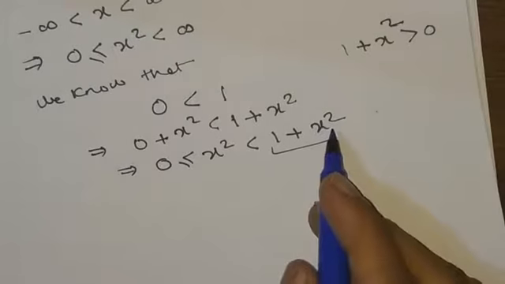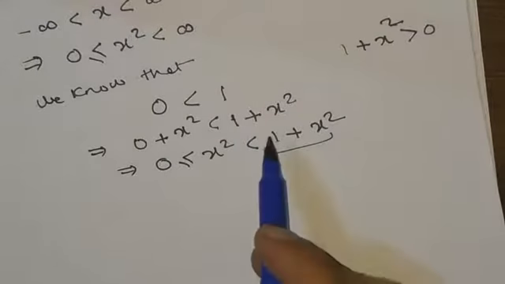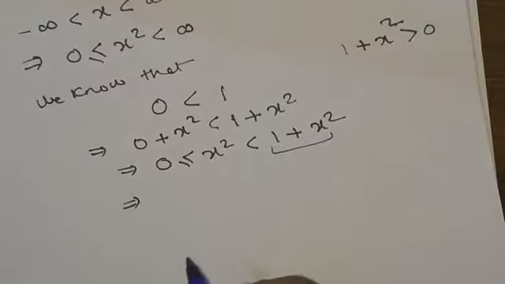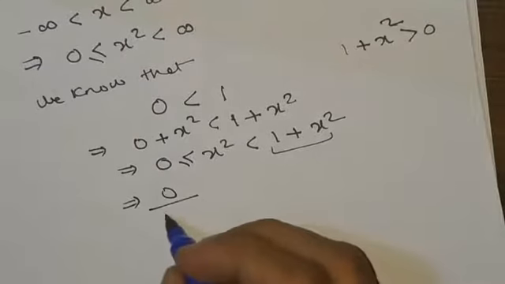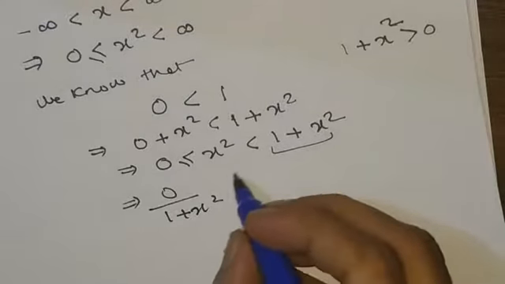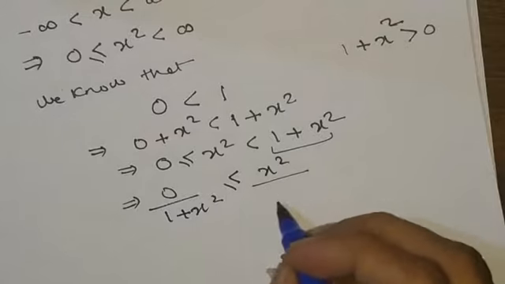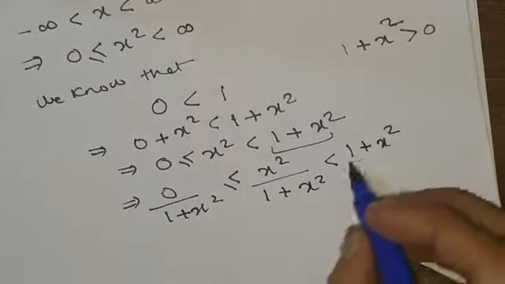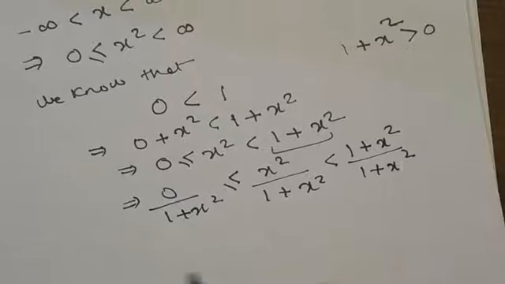So we can divide this inequality by 1 plus x². So what you will get if you divide this inequality by 1 plus x²? You will get 0 divided by 1 plus x² less than or equal to x² divided by 1 plus x², less than 1 plus x² divided by 1 plus x².